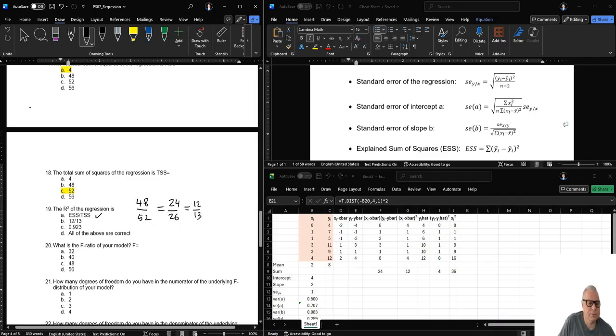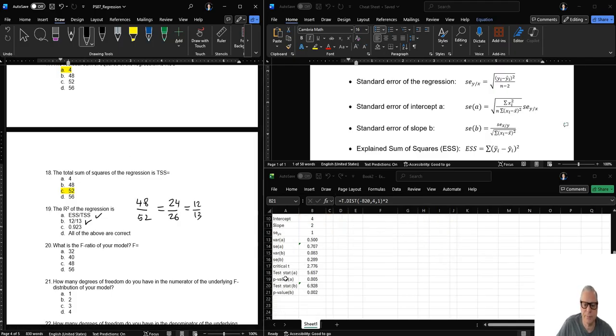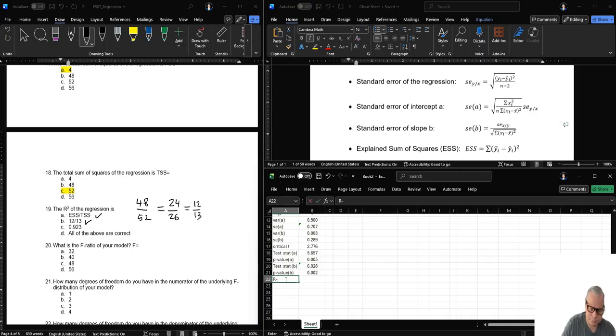So this is correct, and if we use our calculator and quickly calculate the R squared, it is 12 over 13, which is indeed 0.923. So this is a very, very high R squared. So all of the above are correct.